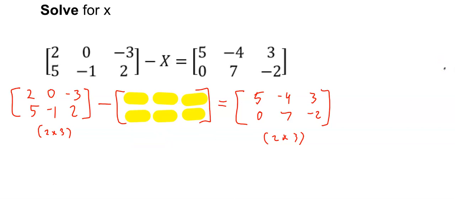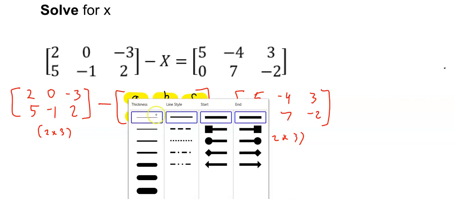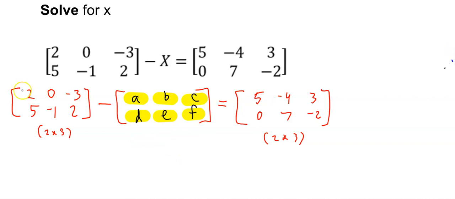Okay, so just so we can set up some equations or think it through, instead of calling each one x, I'm going to call them A, B, C, D, E, F. We're just going to figure out what A, B, C, D, E, F are and solve this problem. It's not really that difficult, once you see it. So this is 2 minus A would equal that one. So if you want it off to the side, you could go like 2 minus A equals 5.